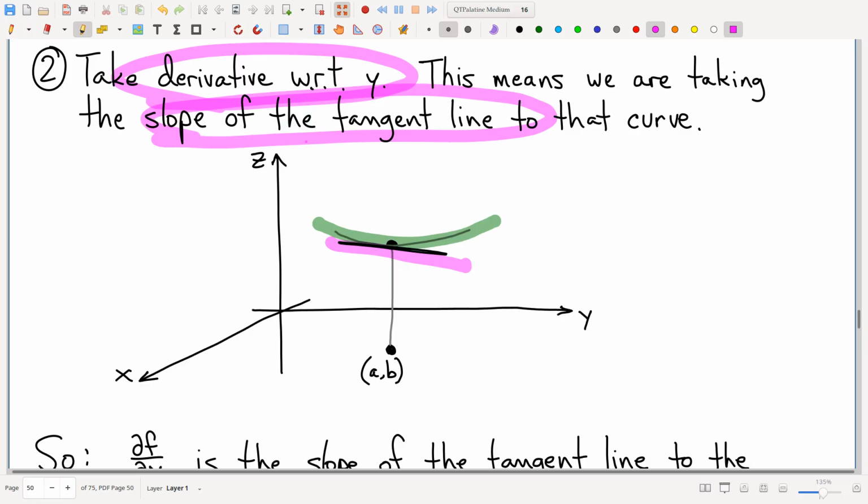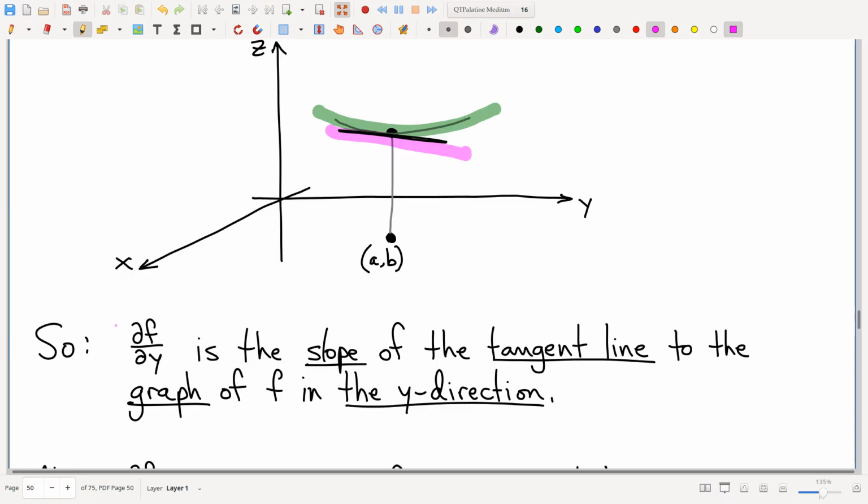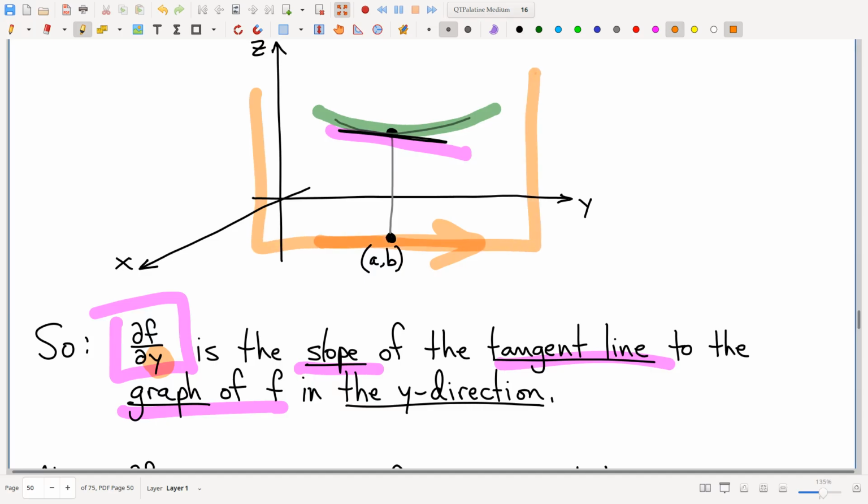Excuse me. So we get this familiar interpretation right here. The partial with respect to y is the slope of the tangent line. To be a little bit more careful, the slope of the tangent line to the graph of the function. Got to be a little bit more careful because we're talking about the partial with respect to y. We're talking about the slope in the cross section that points in the y direction.